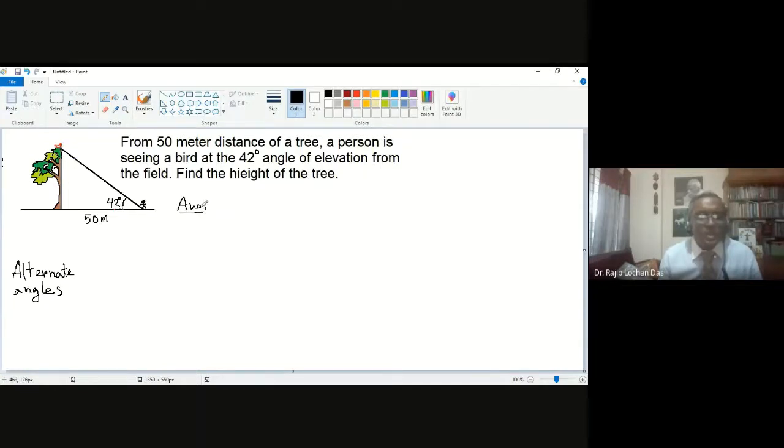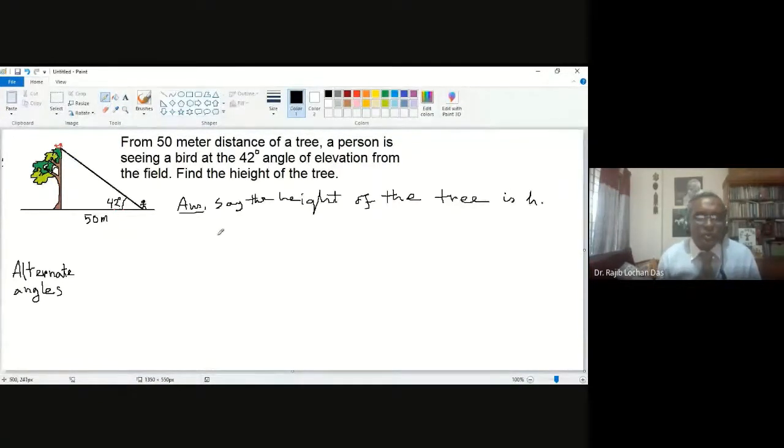Say the height of the tree is h. Say we are thinking the height of the tree is h. Now what you will find from the triangle?